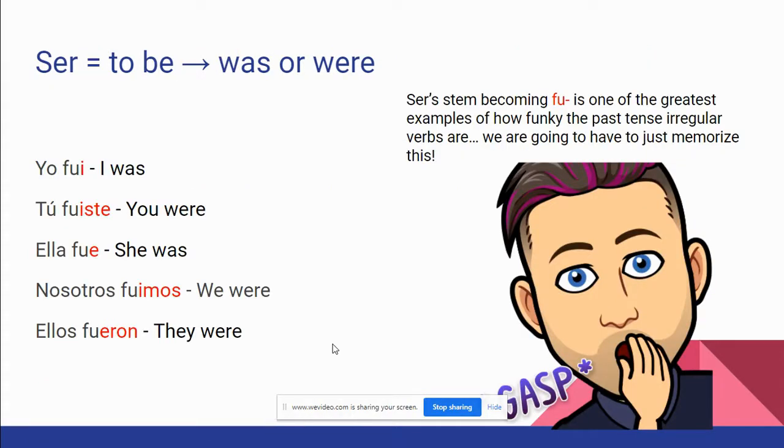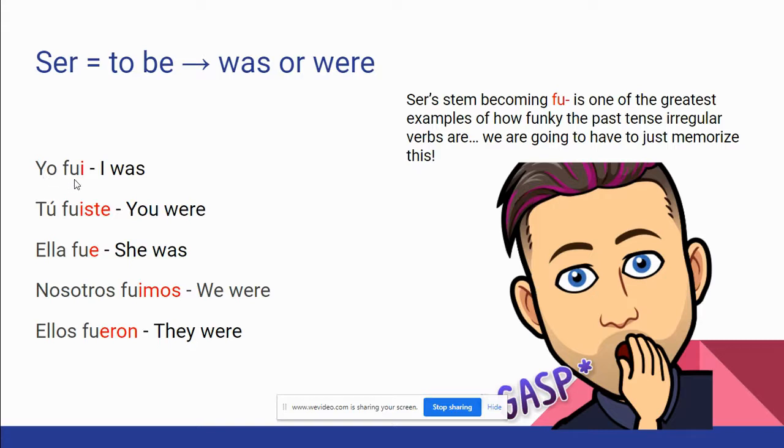Ser means to be. In the past tense, it is was or were in Spanish. Those are the 2 translations that we use for ser, to be, in the past tense. Our stem, ser, becomes fu. It's really one of the greatest examples. If you look at ser, it looks nothing like these conjugations. That's what makes this very, very tricky, and it's going to take us some time to memorize these.